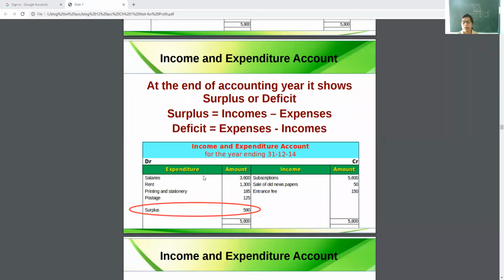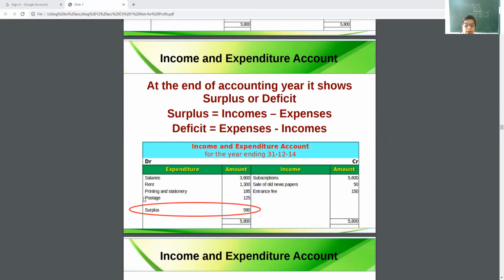Then the income side: subscription, membership fee, entrance fee, sale of old newspaper, interest received from bank, interest on investment. All the income of the year is shown on the income side. That is the credit side.